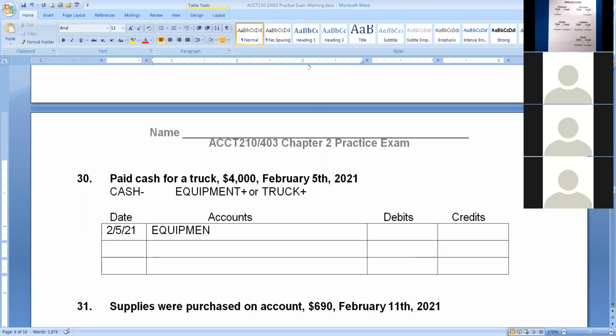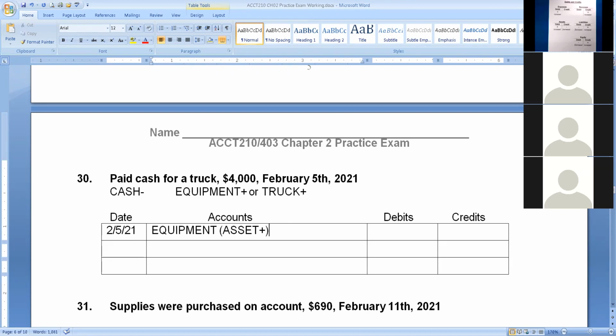I have a question. Can the truck go under any other expense, or would it always go with equipment? Always go with equipment. Now, next chapter, we're going to talk about depreciation expense if the value of the truck goes down.